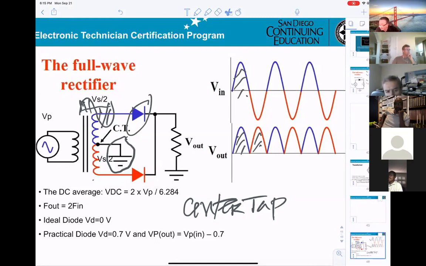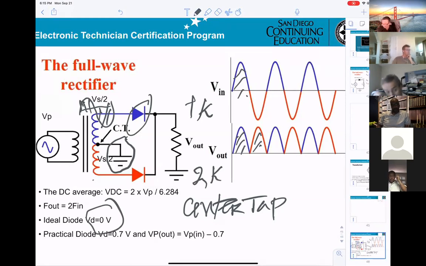So if you get 1 kilohertz in, the output will be double. That's what they're using for an ideal diode. If not ideal, then they have to go down 0.7 volt.